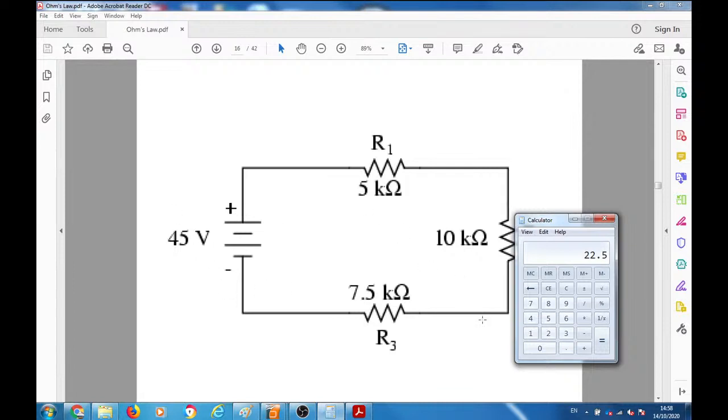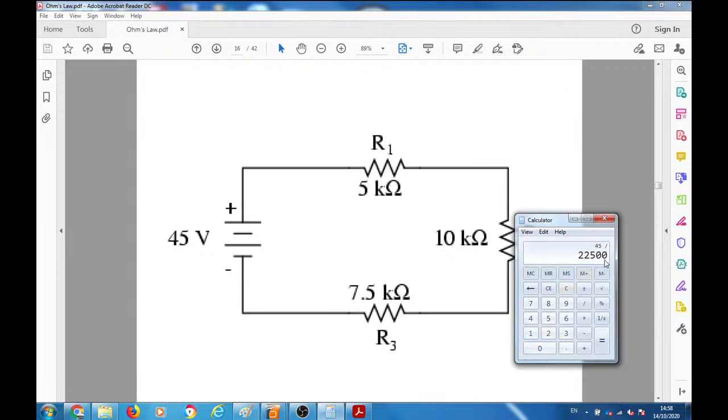Then we've got 45 volts. So 45 divided by, and now you have to be careful because you came out with 2 ampere. Okay, let's see whether it works out. We've got 22.5 K, so that would be the same as 22,500.